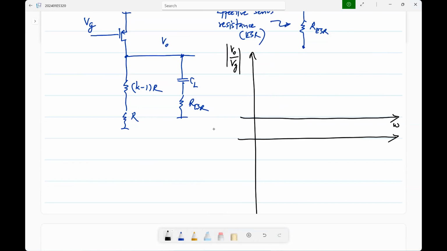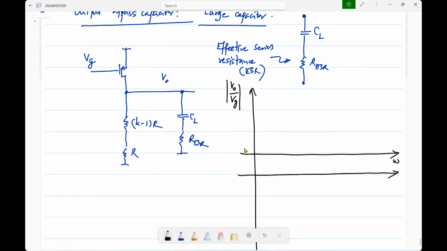What will be the gain at very low frequencies? Let's say the transconductance of this is GMP, and we can neglect the RDS of that. Okay, for now, just for writing expressions. If it is there, you put it in parallel, that's all. What will be the gain at very low frequencies? GMP times KR.